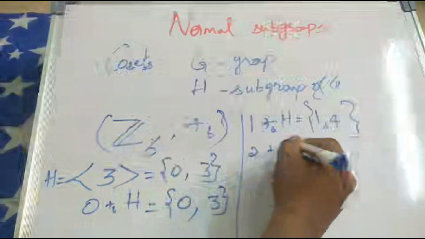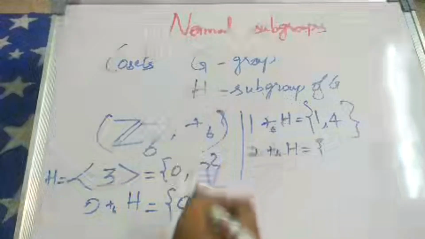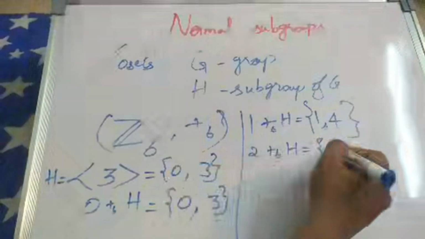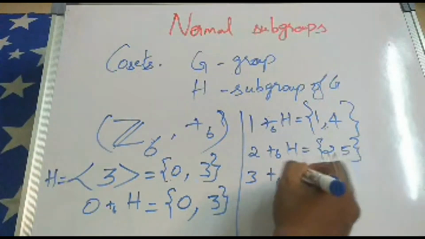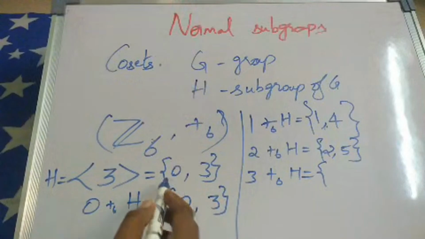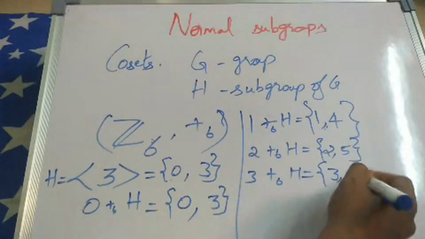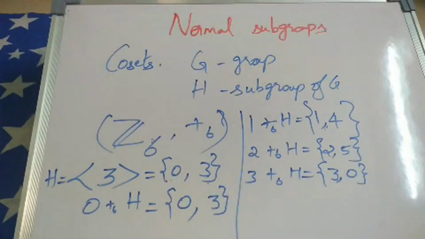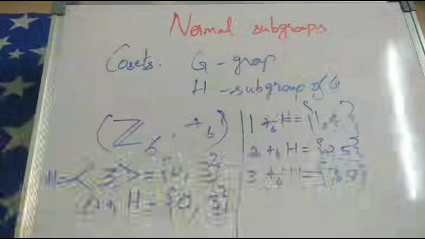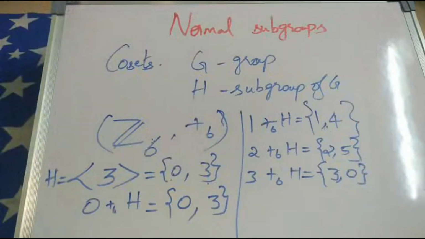2 +6 H is going to be 2 and 5. Then 3 +6 H is going to be 3 and 0, because 3 plus 0 is 3, and 3 plus 3 is 6, which in addition modulo 6 is 0.